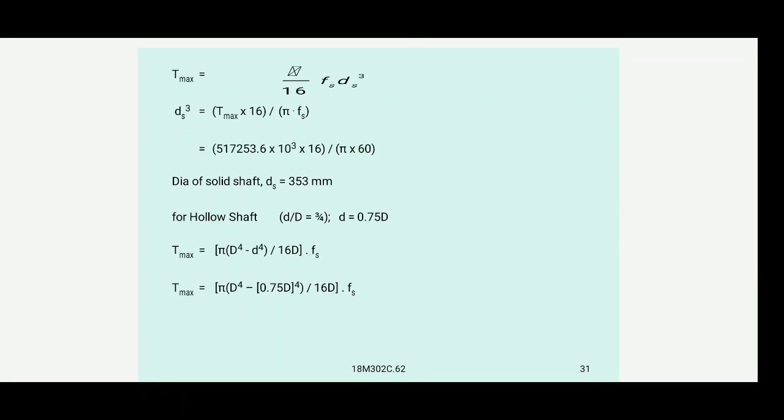small d is equal to 0.75 capital D. T maxima is equal to 5 into capital D to the power of 4 minus small d to the power of 4 by 16 D into Fs. T maxima is equal to 5 into capital D to the power of 4 minus 0.75 capital D to the power of 4 by 16 D into Fs.